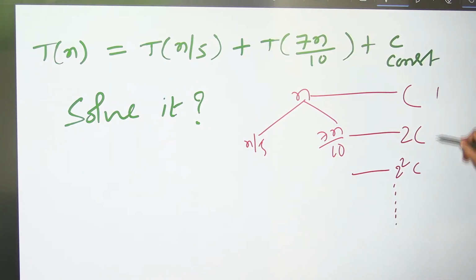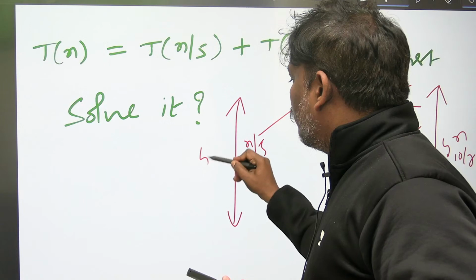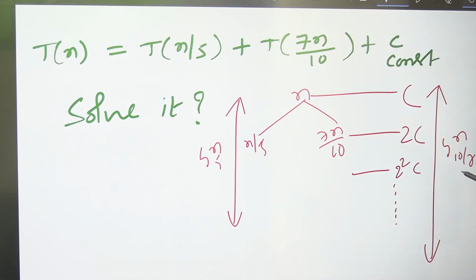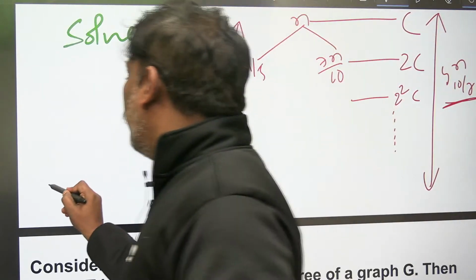So maximum how many levels will come? Log n base 10 by 7. This side is log n base 5. Comparing log n base 5 and log n base 10 by 7, log n base 10 by 7 is bigger.